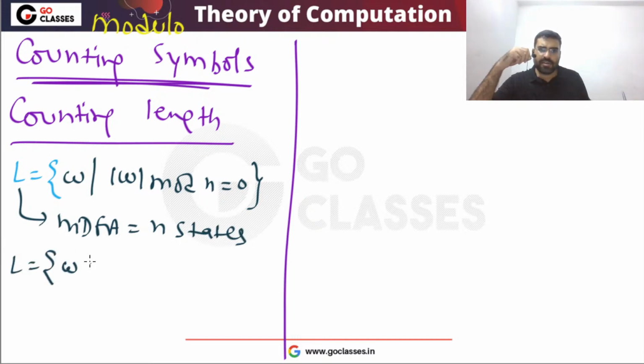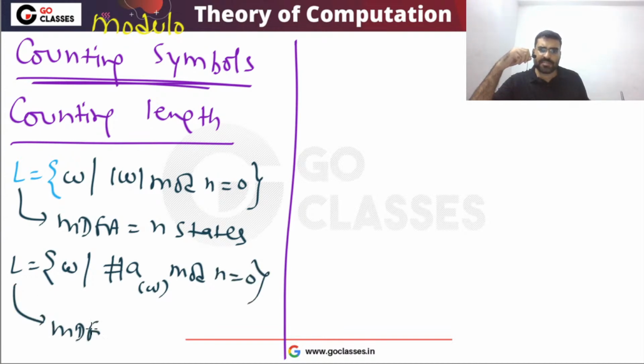Similarly, for W such that the number of a's in W mod n equals 0, the minimal DFA also has n states. We have already seen this in the class.